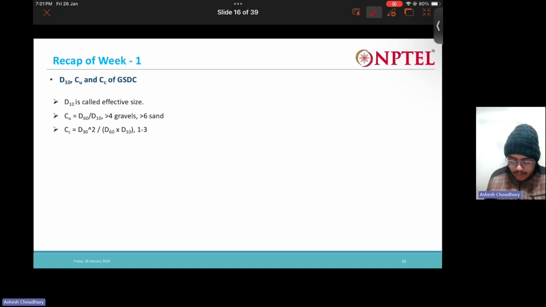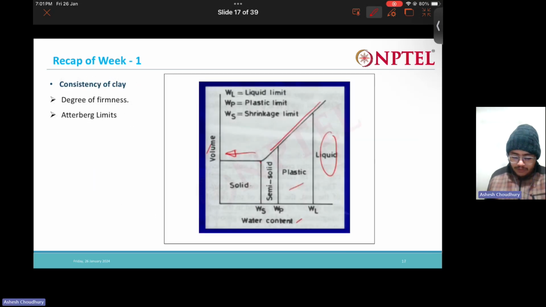Next we come to the consistency of clays. What are clays? Clays are the fraction lesser than 75 micrometers.